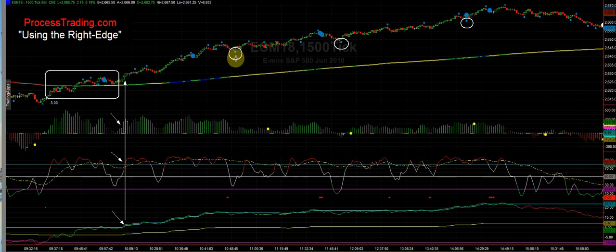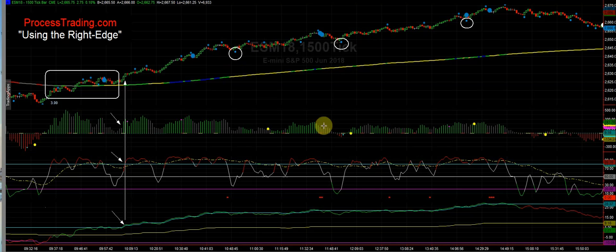Here it is below the price bar. And the way that we manage that trade is we look to the high of the price within that price bar that's associated with this timing alert dot. Then we place our trade 2 points above it. That would have got us in right here.